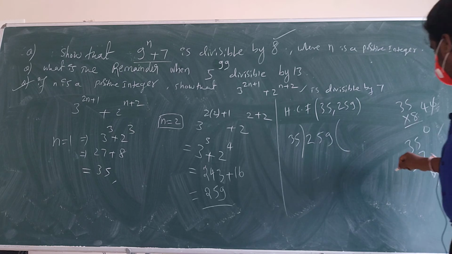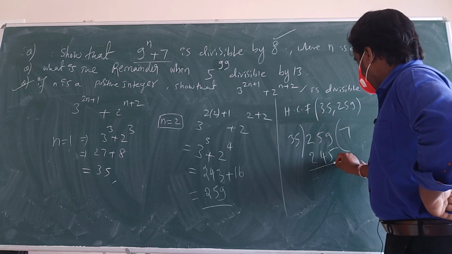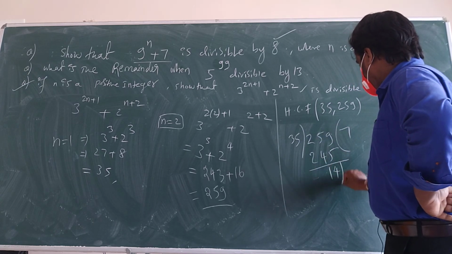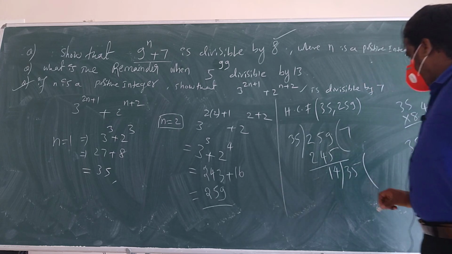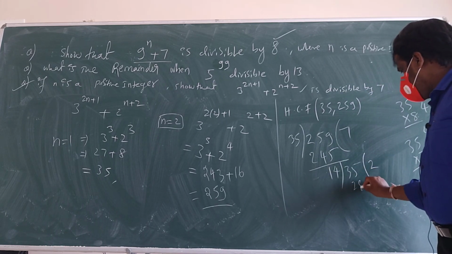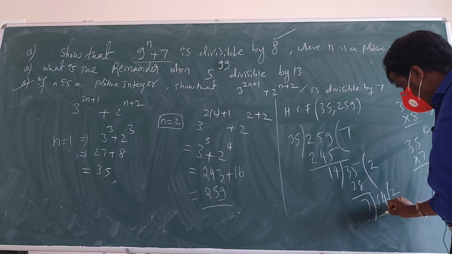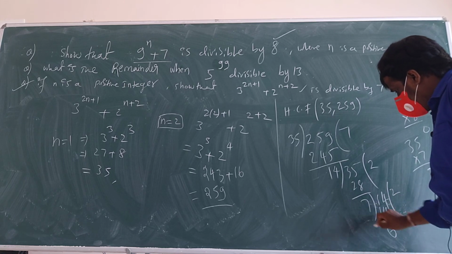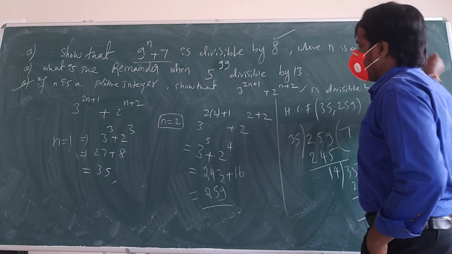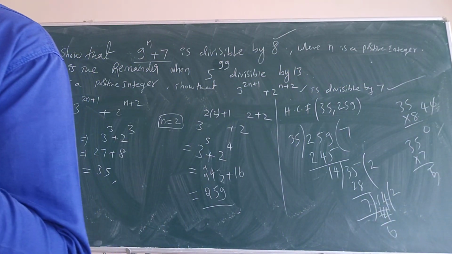So how much am I going to get here? 14, right? 35 divided by 14. 14 2s are 28. 7 I get. 14 divided by 7. 7 2s are 14. Remainder 0. HCF is 7. So the answer is divisible by 7. So the easy trick is good. Okay, understand?